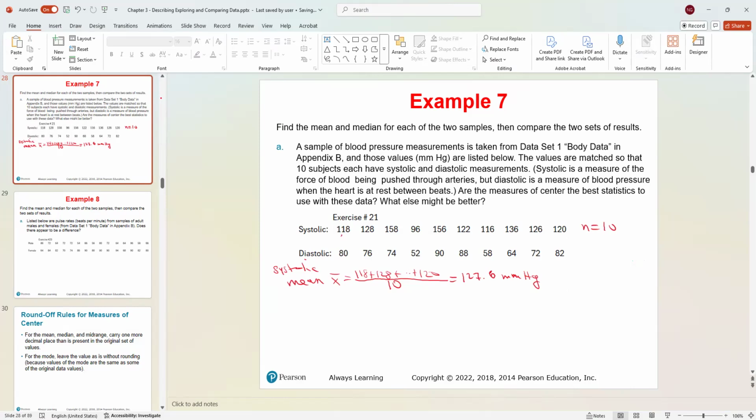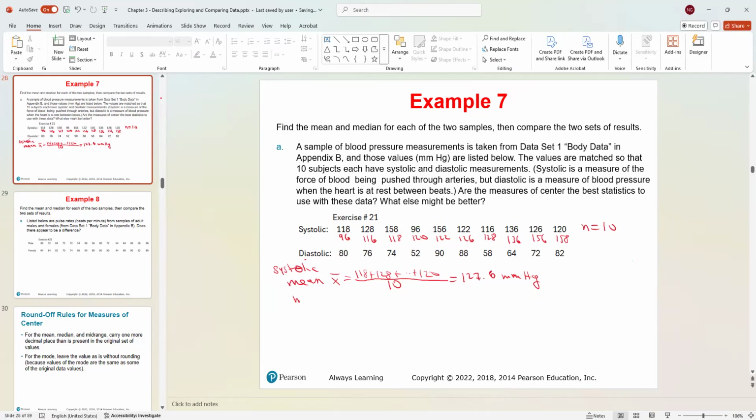The smallest one is 96, 116, 118, 120, 122, 126, 128, 136, 156, and 158. So I reorder my data from the smallest to the largest.